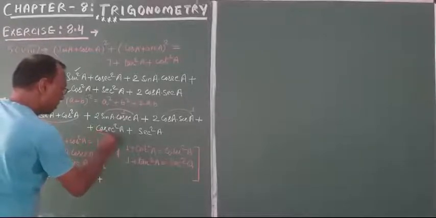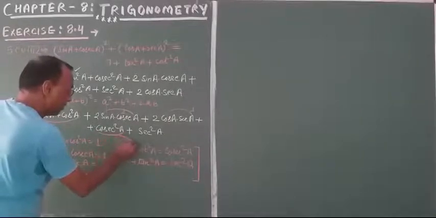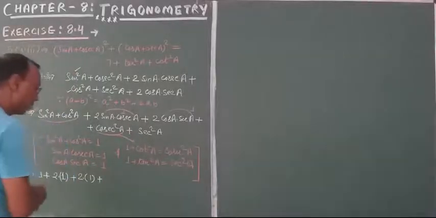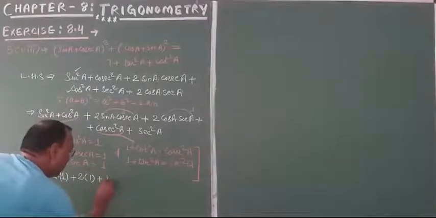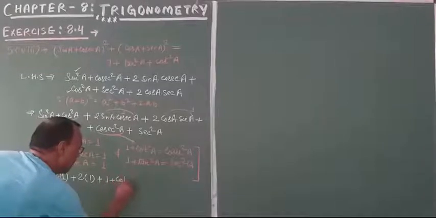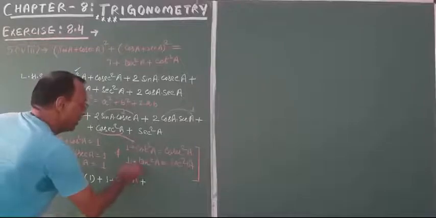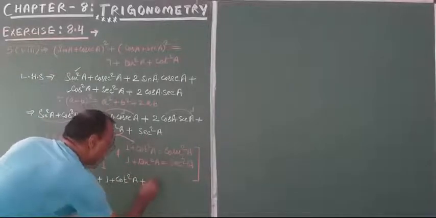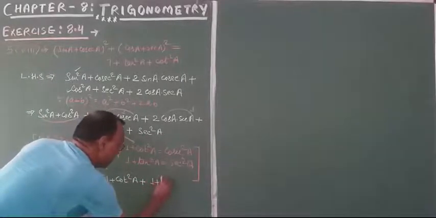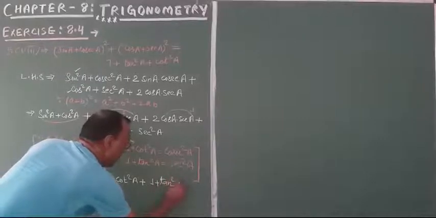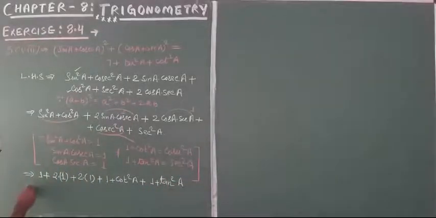This can be written as this much, 1 plus cot square A, 1 plus cot square A. And this sec square A can be written as 1 plus tan square A. Now just look here, what will happen?